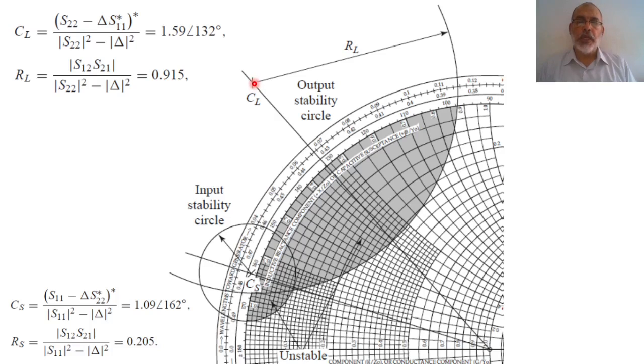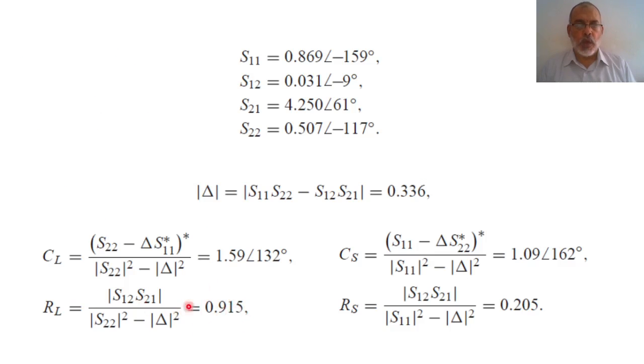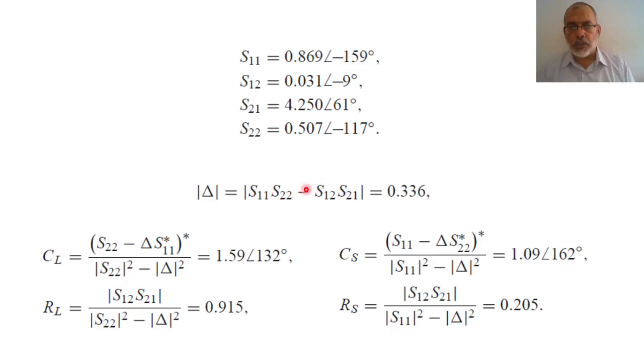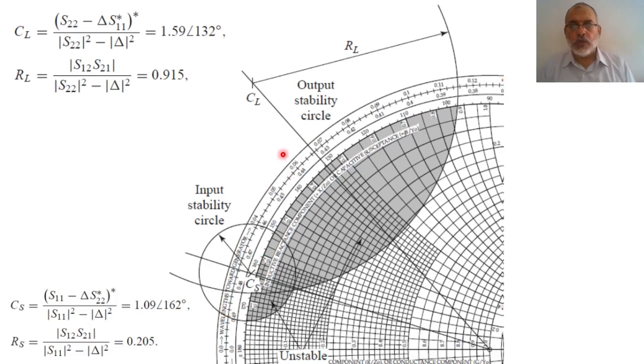Once I obtain CL, I'm going to draw a circle with a radius RL. The radius RL is 0.915. As I mentioned, the unit here is from the origin to this point, so I'm going to take this distance and multiply it by the ratio 0.915 to determine the value of RL, and then draw this circle.